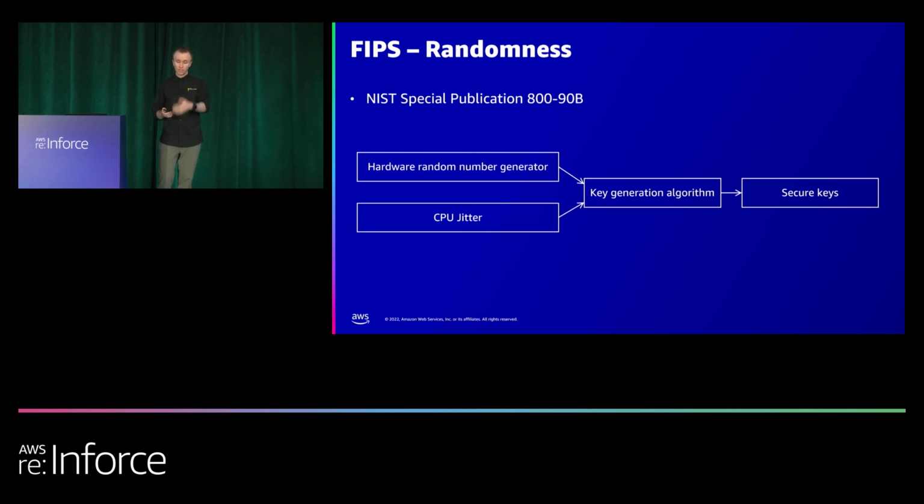But our key generation algorithm also lets us mix in additional randomness, which we're still doing using the traditional hardware random number generators, because those are, like I said, very high performance, very cheap and easy to use. So we get kind of the best of both worlds: the FIPS security from CPU jitter and the performance of the hardware random number generator.